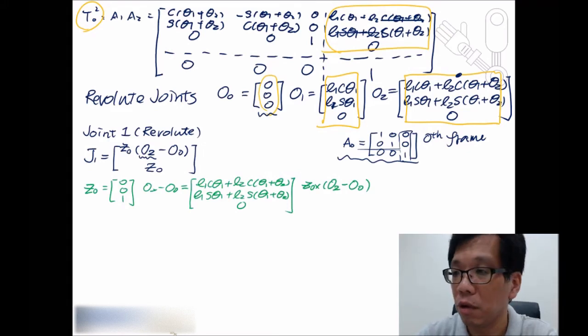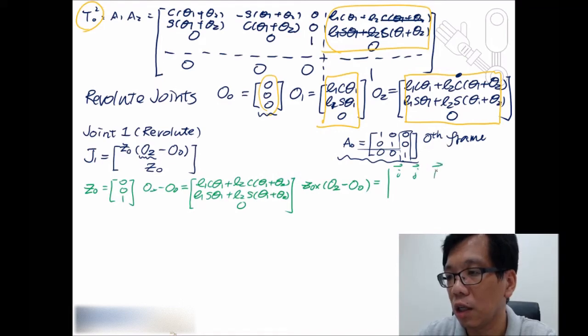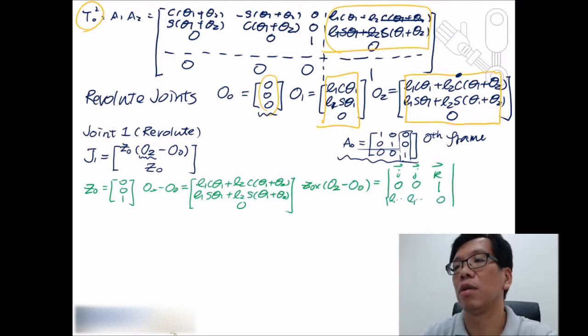So you can use I, J, K, 0, 0, 1 with this one, 0.